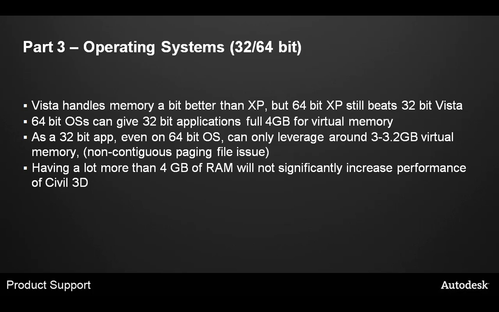So even on a 64-bit operating system, you could pump it up with 128 gigabytes of RAM, but if you compared, say, having 12 gigabytes of RAM to 128, you're really not going to see Civil 3D running any faster, because it's just limited in how much virtual memory it can actually utilize to try and perform better.